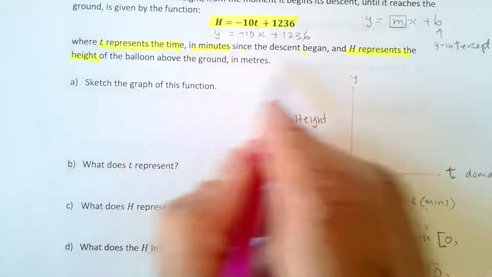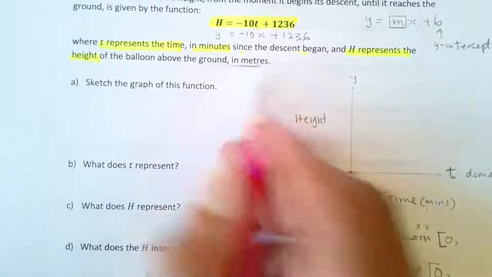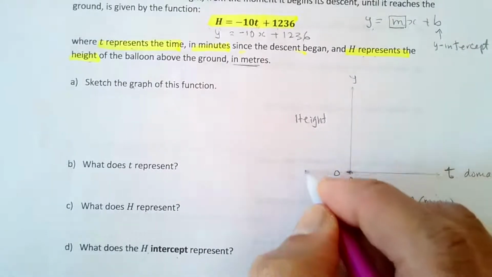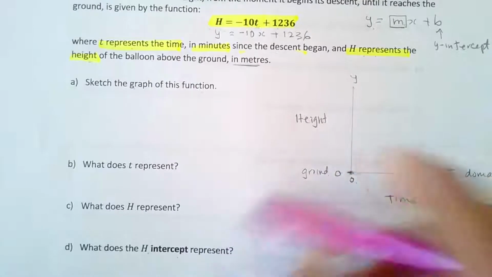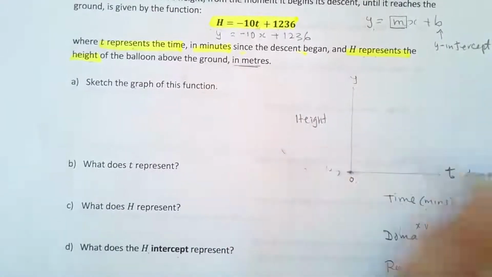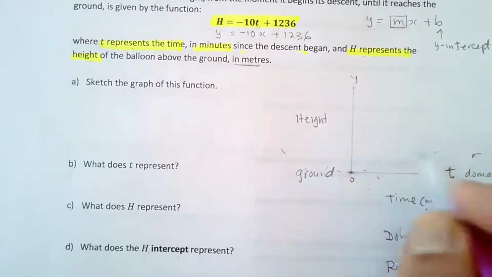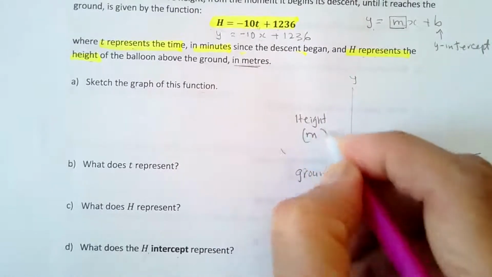And the height, it tells us here, represents height in meters above ground. So this is above ground. So this is ground level. 0 is ground level, if you want to put it here. So this is our ground level. We cannot go below ground level. So that's why my range now starts from 0, which is in meters also.